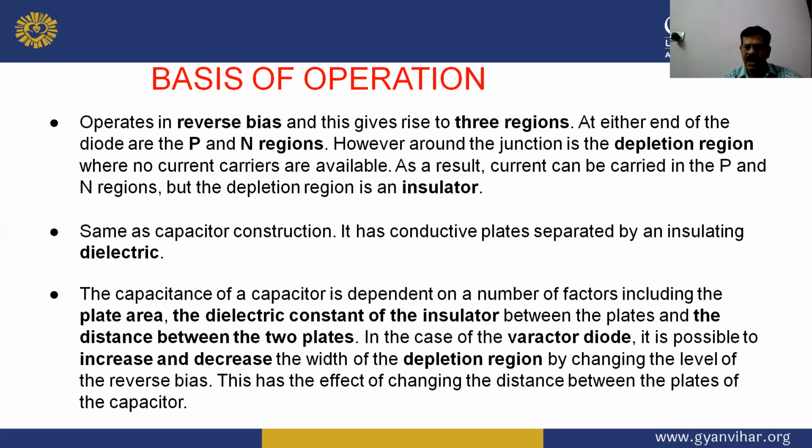In the case of the varactor diode, it is possible to increase and decrease the width of the depletion region by changing the level of reverse bias. We also know that the depletion region width is changed by the change in reverse bias across the PN junction. So this has the effect of changing the distance between the plates of the capacitor.